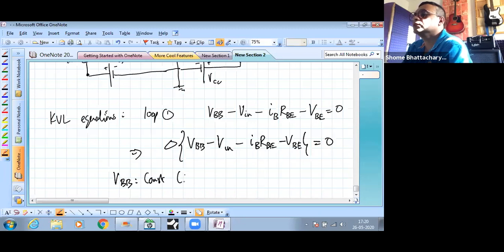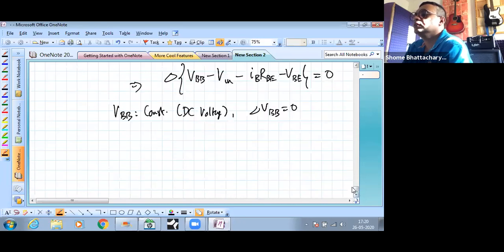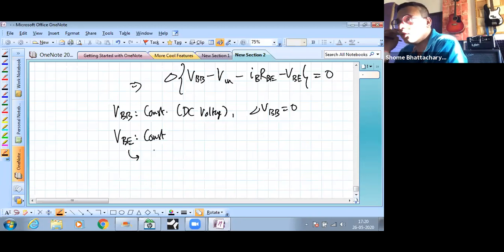It's a DC voltage. So what about delta of VVV? It has to be 0. And similarly, this term, the voltage across the base emitter junction, this is going to be constant, because why? The biasing has not changed. The presence of the input voltage source is not affecting the biasing because it's a small signal input voltage.